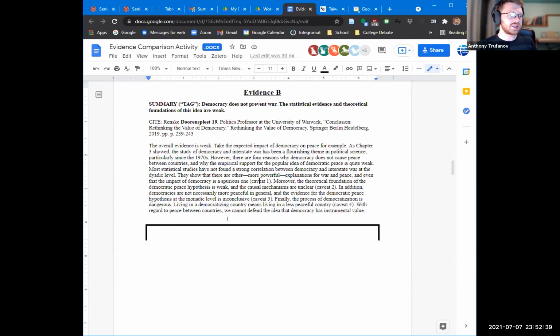So in this case, maybe you could even say that the vagueness or the general nature of evidence B actually makes it better, because it's not relying on those single examples. It's looking at all the countries, comparing the democracies to the non-democracies, and using statistics, it actually concludes there's no relationship. The democracies are just as aggressive, right?